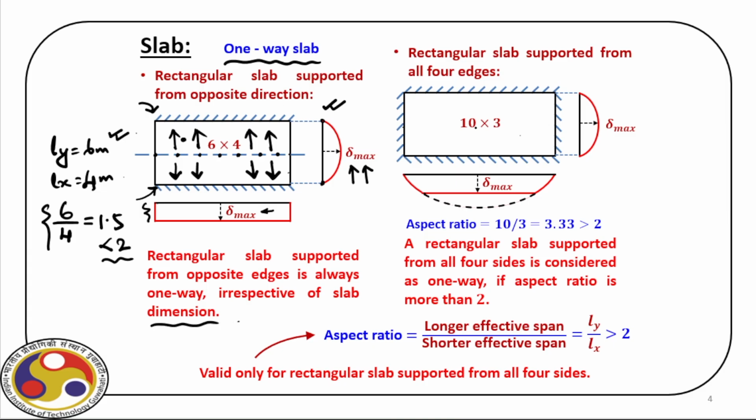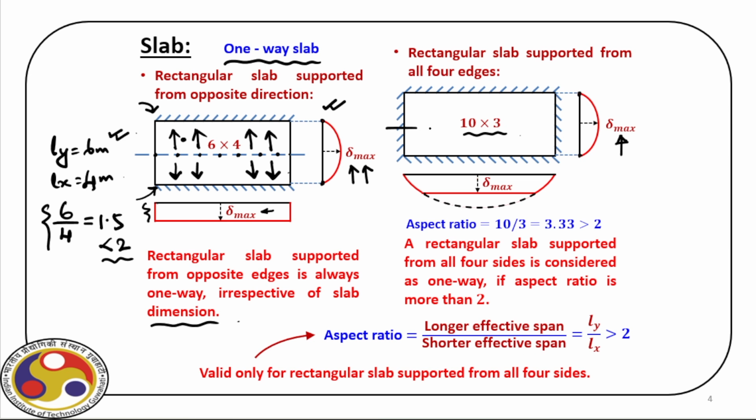Now, we have a second example where we have a 10 meter by 3 meter slab, but in this case we have supports along all the edges. Now, for this slab, if we again draw the deformed shape, along this shorter direction we have delta max at the middle, which is 0 at the two edges.